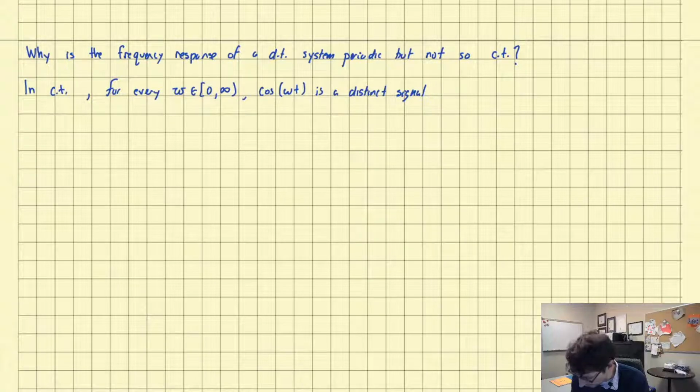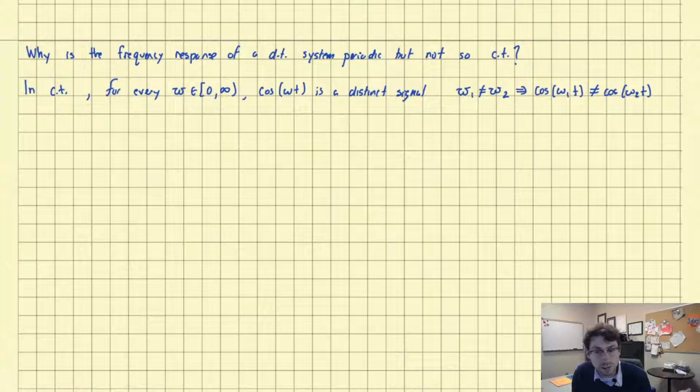And so what I mean by that is that if omega 1 is not equal to omega 2, then cos omega 1 t is not equal to cos omega 2 t. Right? It's just different signals. If I plot them, they're not exactly the same at all values of t.